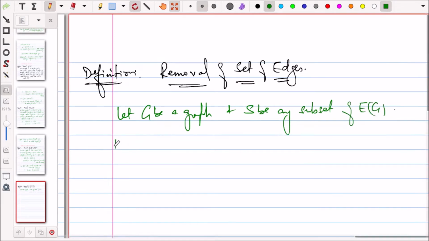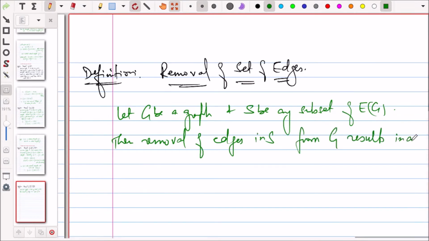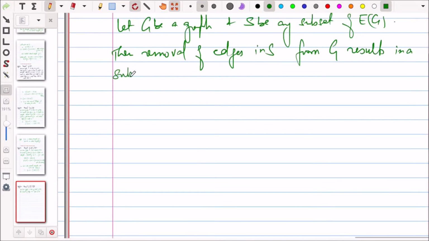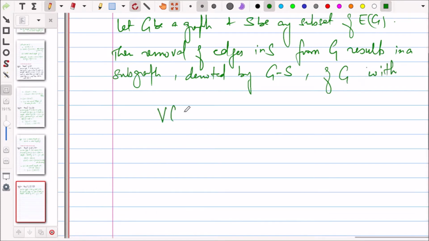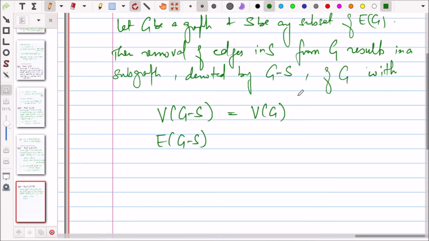Then removal of edges in S from G results in a subgraph denoted by, तो इसको भी G माइनस S से डिनोट करते हैं, बट अब हमारा S जो है सेट ऑफ एजेस है, with, इसका वर्टेक्स सेट क्या होगा? V(G). Its vertex set will be equal to V(G) because we are not removing any vertex from the graph. We are just removing the edges.